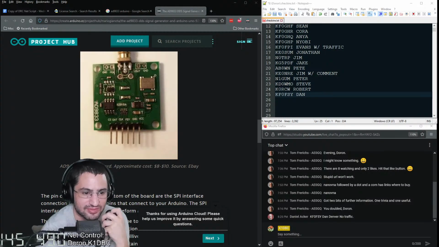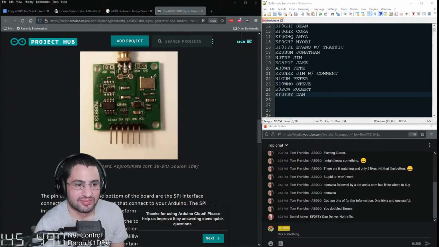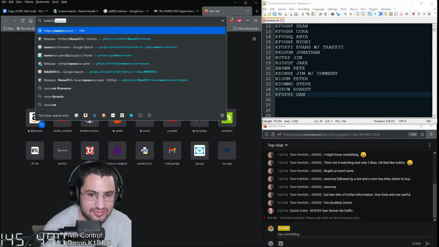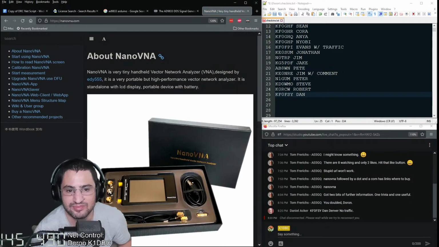KE0NRE, comment? Yeah, KE0NRE, go ahead. We were talking earlier about the NanoVNA, and as I understand it, it's a two-port network analyzer, which means that in addition to doing the traditional antenna measurements, you could also ask it to put out an RF signal of any frequency that you wanted.